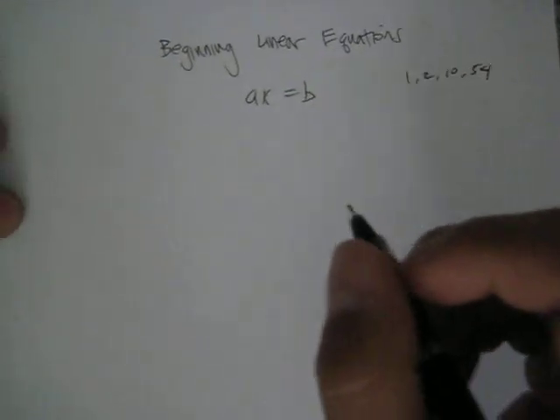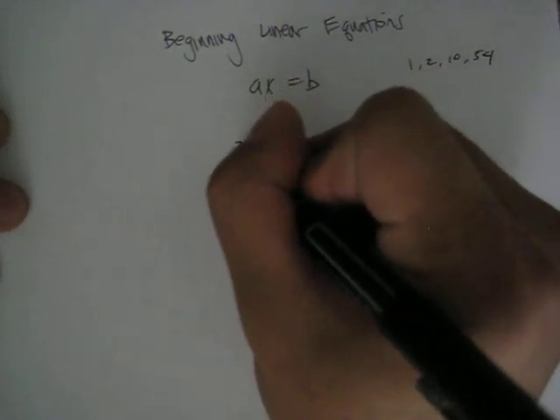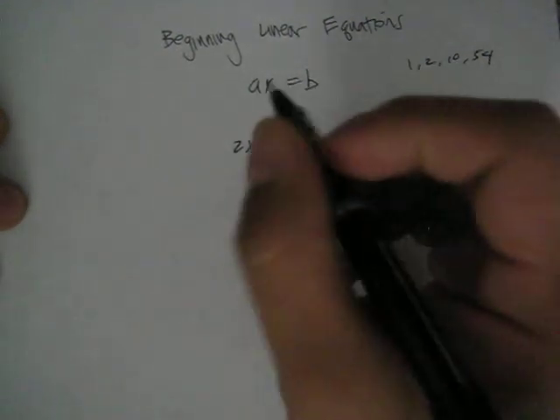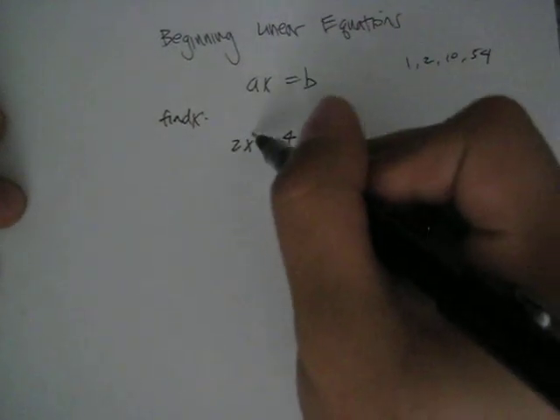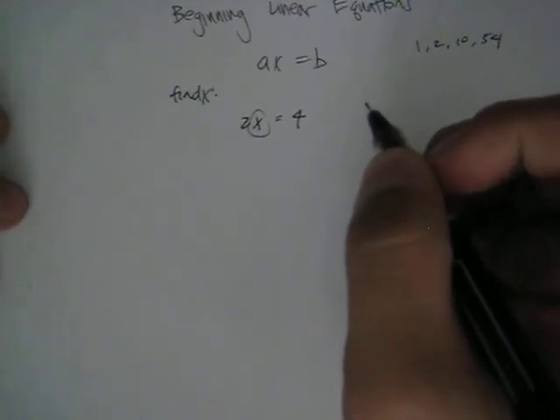So if we're given the equation, let's say, something simple first, 2x equals 4, and you're asked to find x, what do you do? There are actually two different ways of doing this.